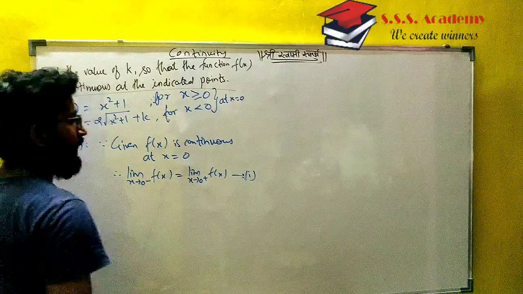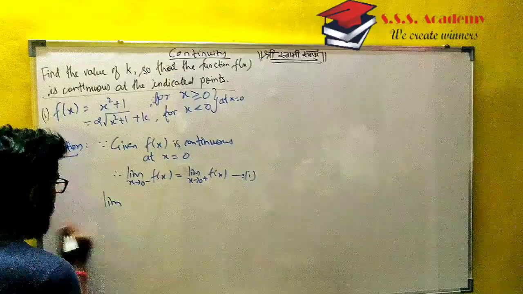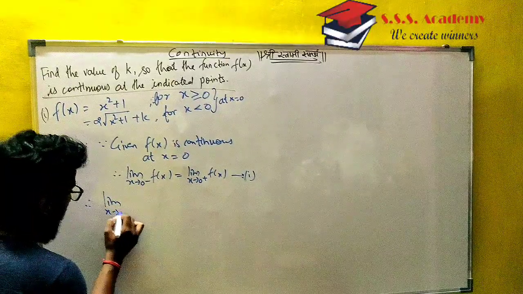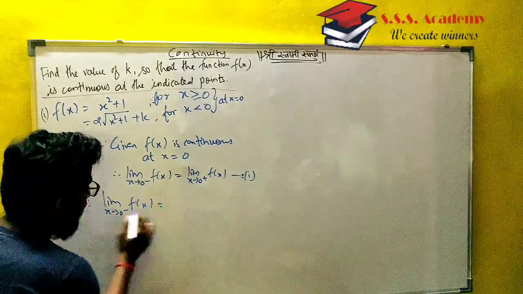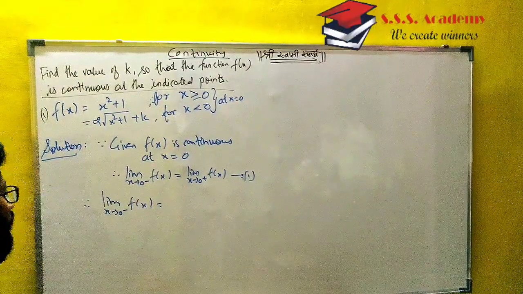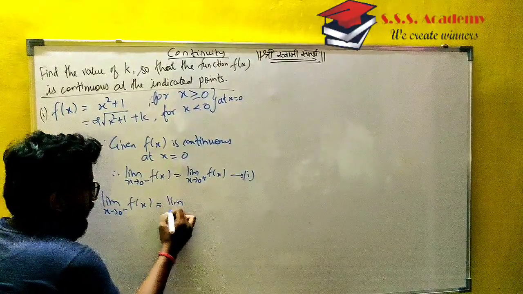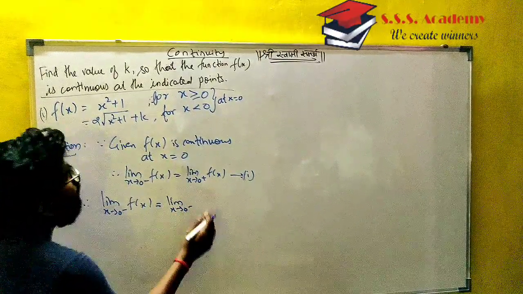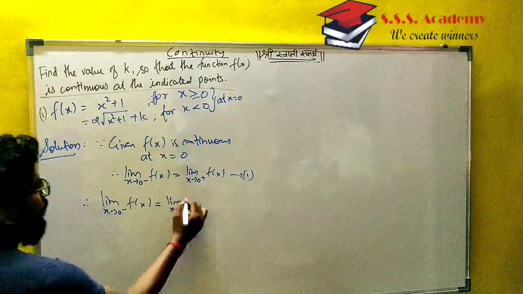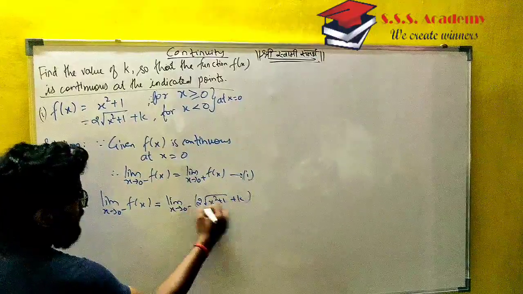So now let's quickly find the left hand limit. Therefore limit x tends to 0 minus f of x. 0 minus means less than 0, and the function there is 2 under root x square plus 1 plus k.